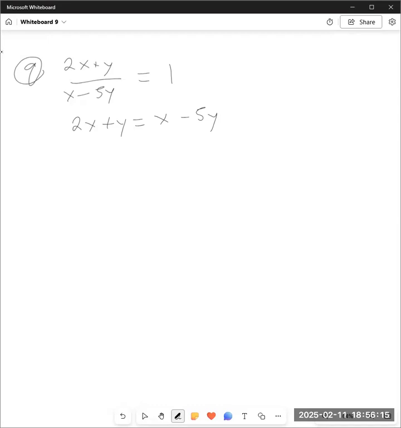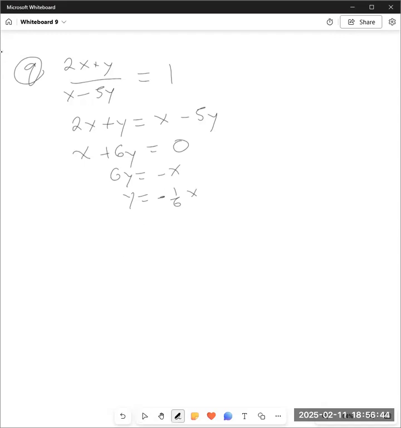Then subtract here and get x plus 6y is equal to 0. And so we should have 6y equals negative x, y is equal to negative 1/6 x, dy dx should be negative 1/6.